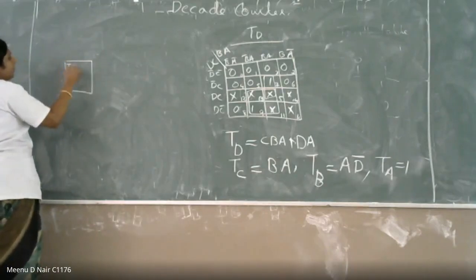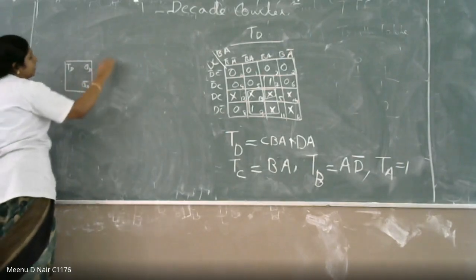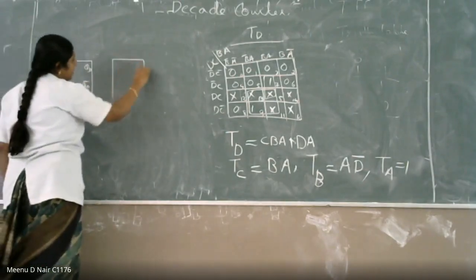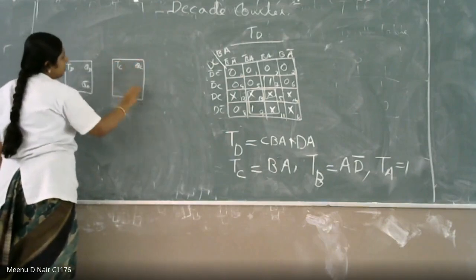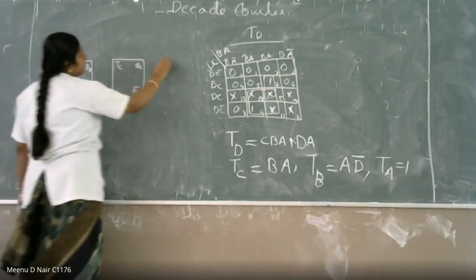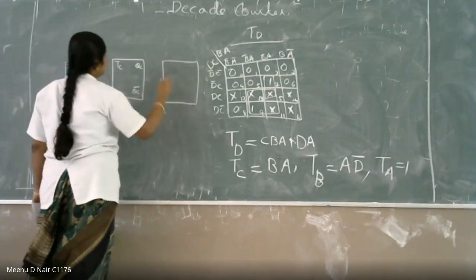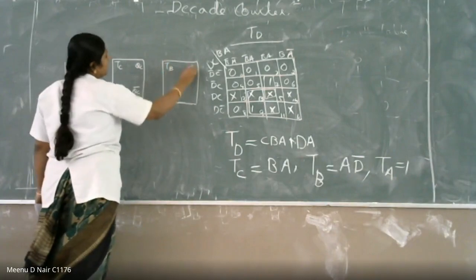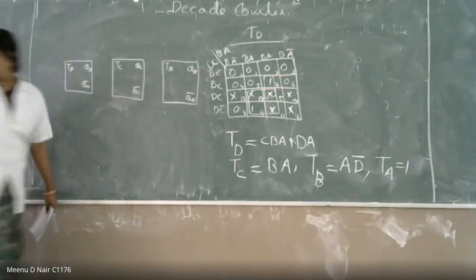This is TD, this is QD, QD bar. Then the second one is TC, this is QC, QC bar. Third one is TB, this is QB, QB bar.